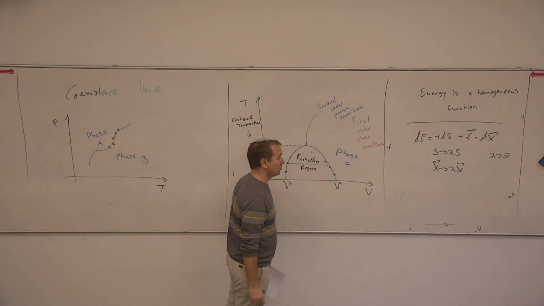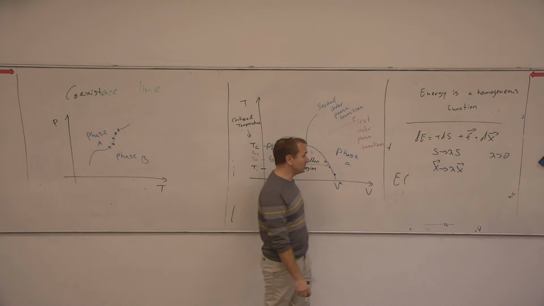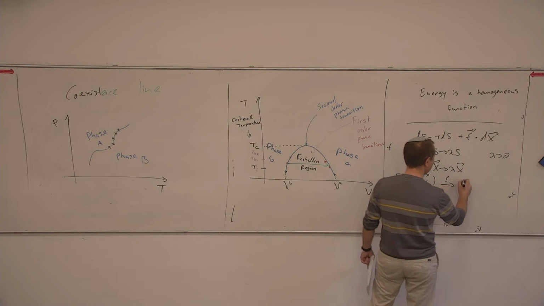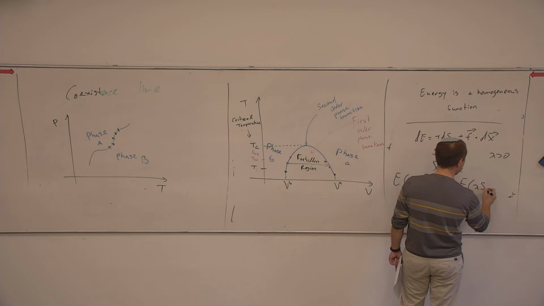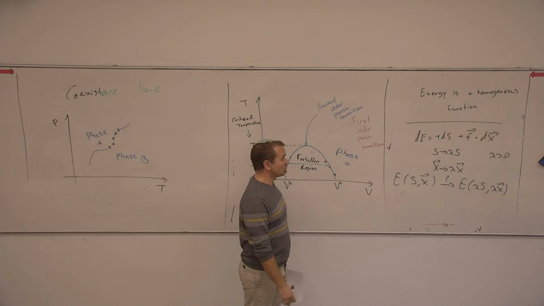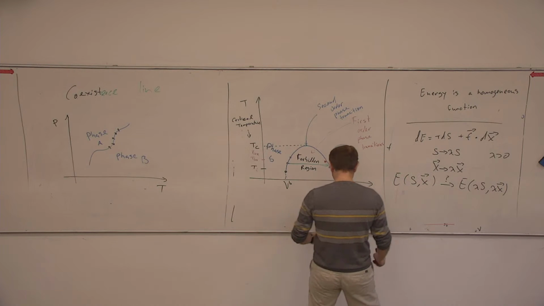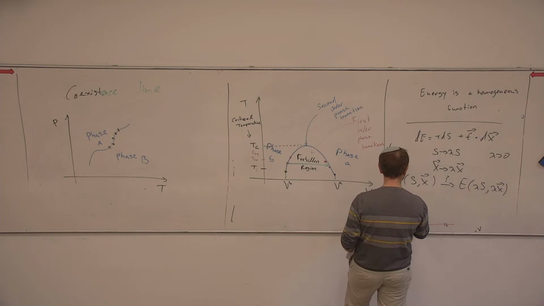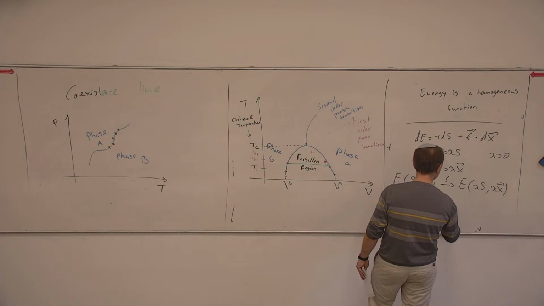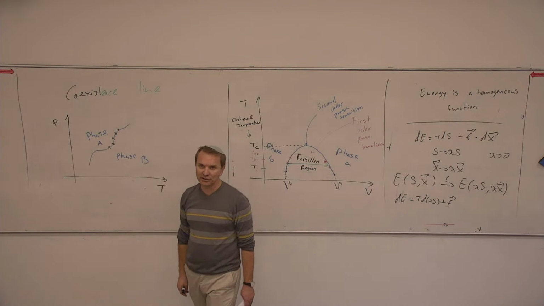Now, I want to ask you what happens to the energy. So I had energy with specific S and X. And what's going to happen if I have an energy of lambda S and lambda X? We're using this description of the differentials in order to answer this question. So I know that dE equals T d(lambda S) plus F dot d(lambda X). Those are intensive quantities. If they are intensive, they don't care about the size of the system.